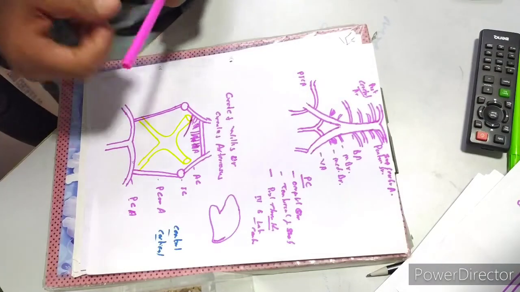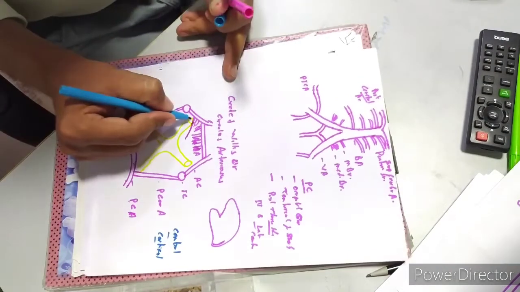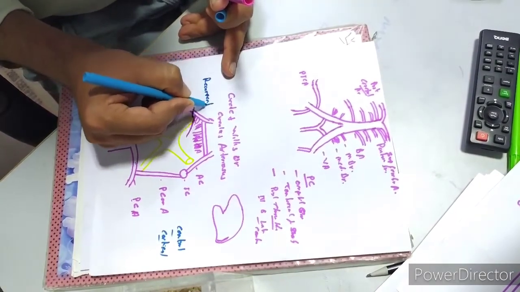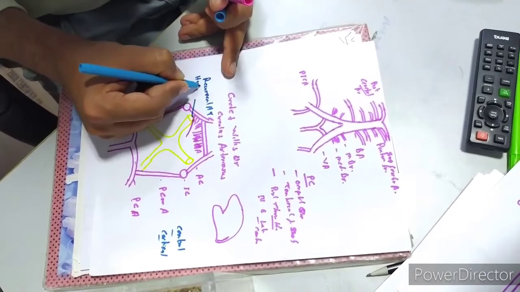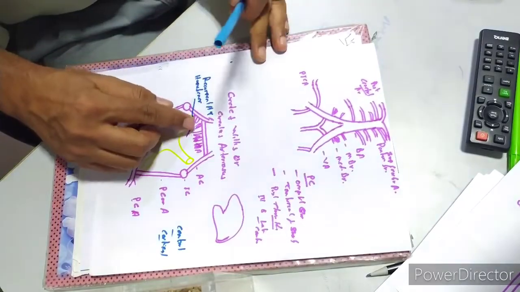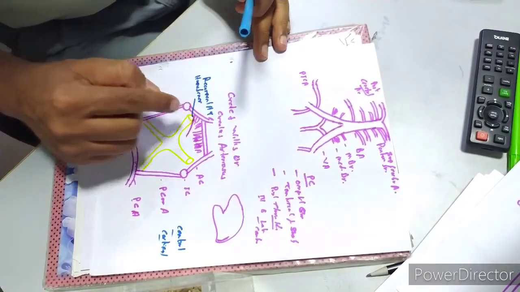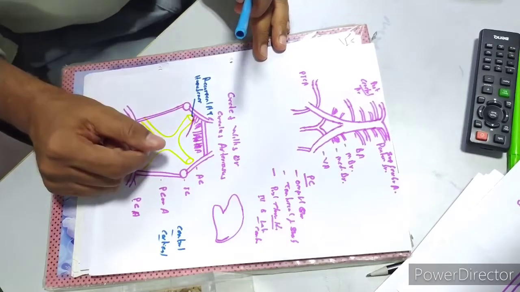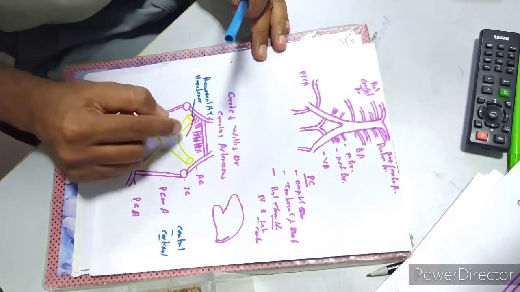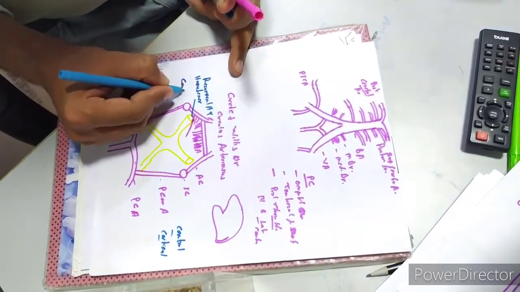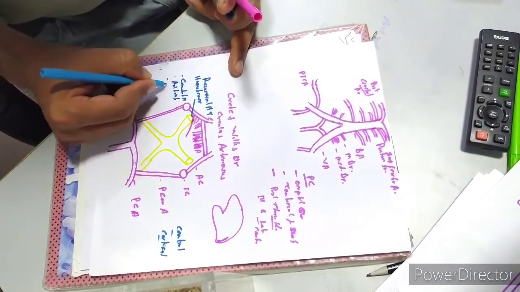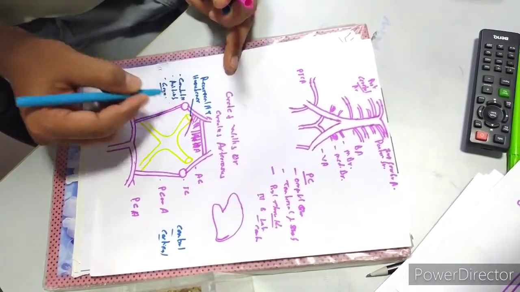This artery is known as the long artery, the recurrent artery of Heubner. It comes from the anterior cerebral artery and supplies the caudate nucleus, the anterior limb, and the genu of the internal capsule.